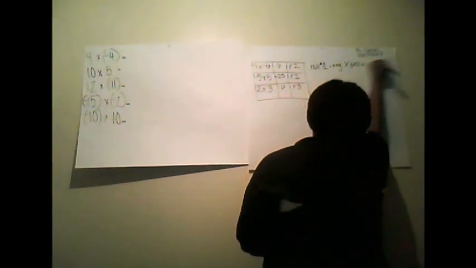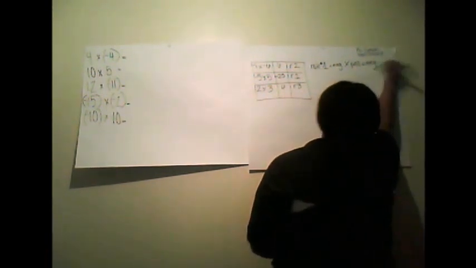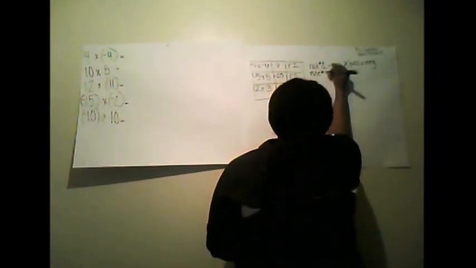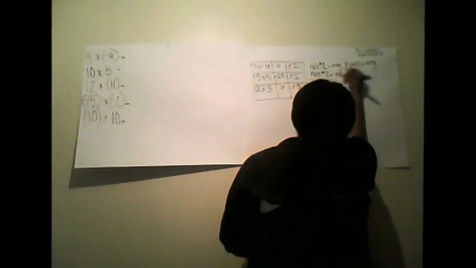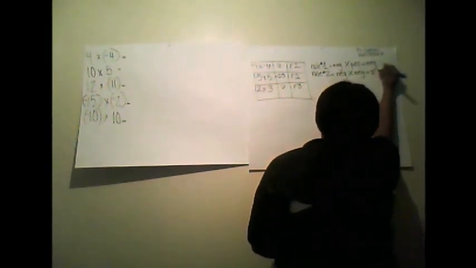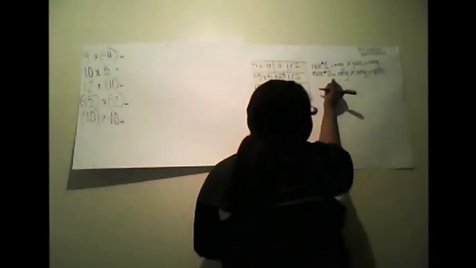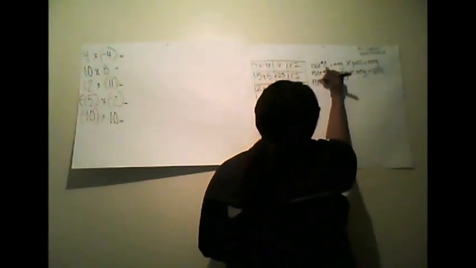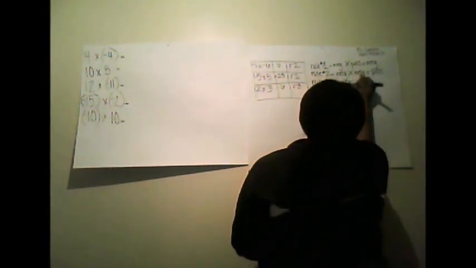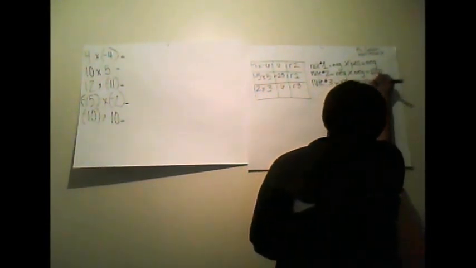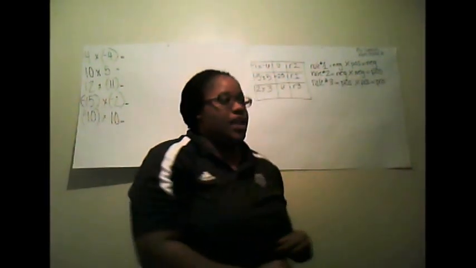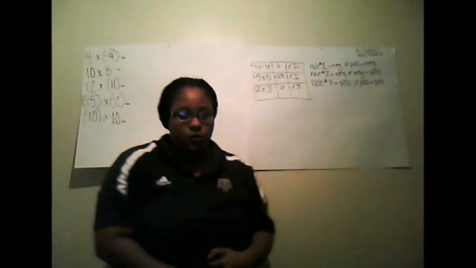Rule number 2 is a negative number times a negative number is a positive number. And rule number 3 is a positive number times a positive number equals a positive number. Very good.